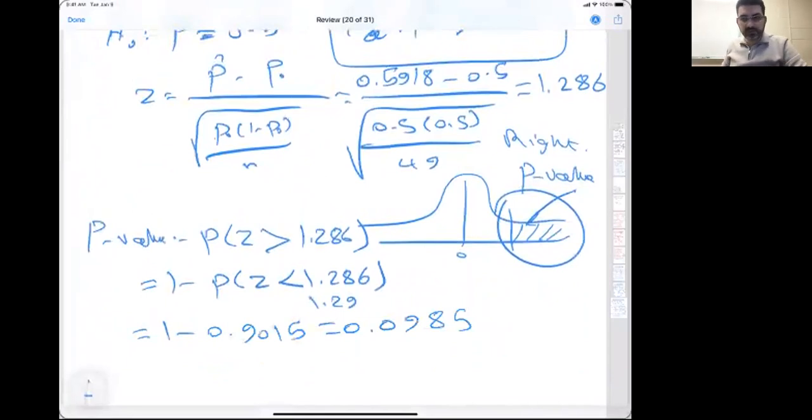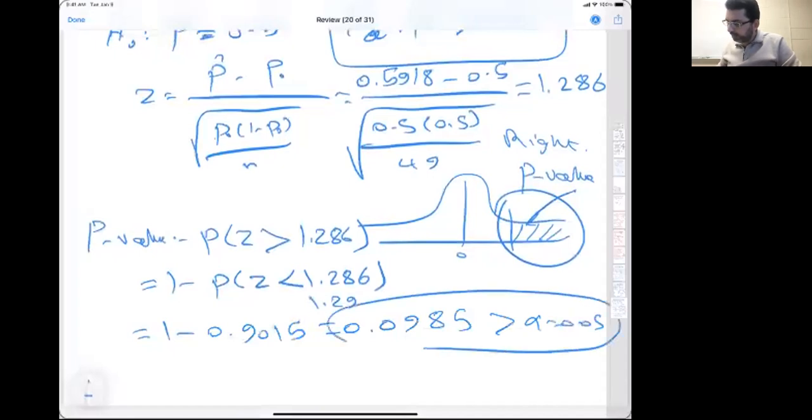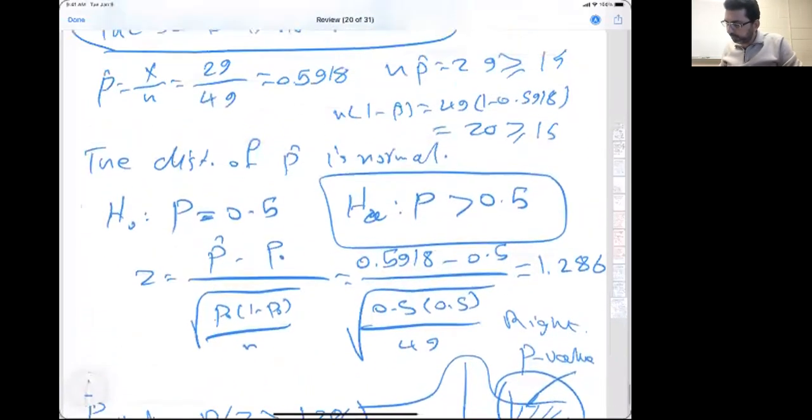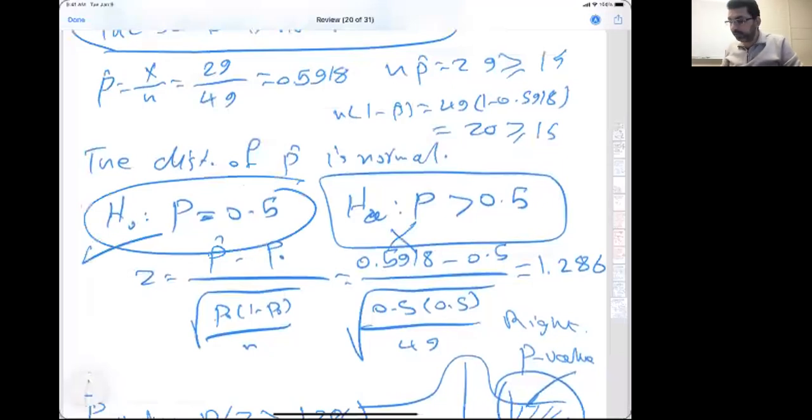Now we compare the p-value and the significance level alpha of 0.05. Of course, the p-value is greater than 0.05. What does that mean? We don't reject the null hypothesis, and of course we don't support the alternative hypothesis.